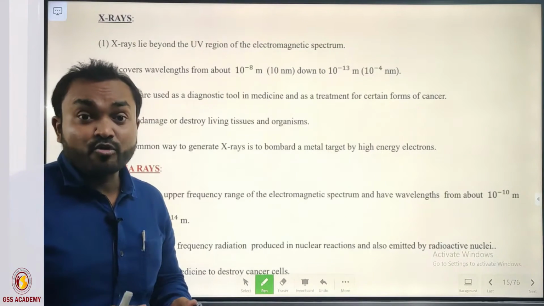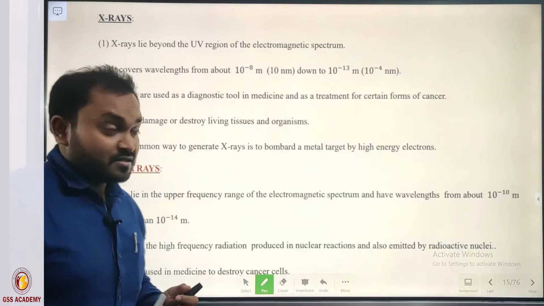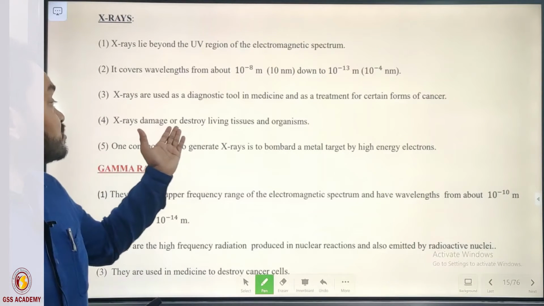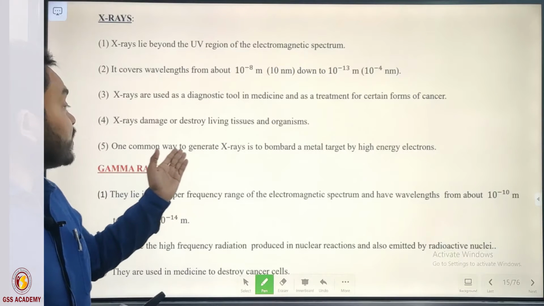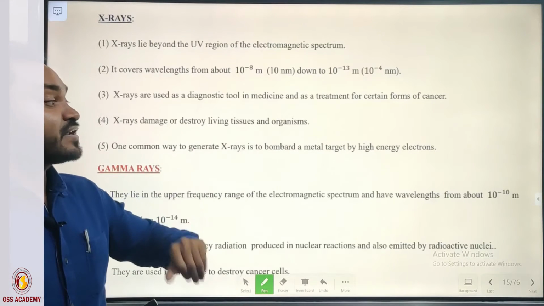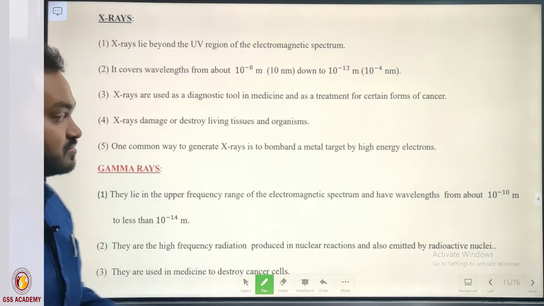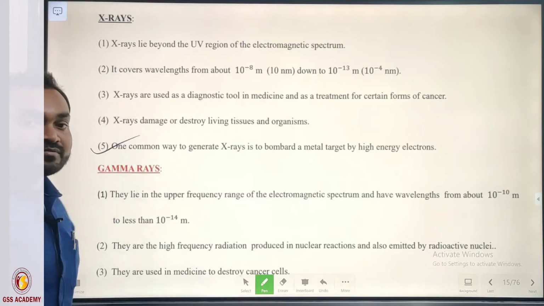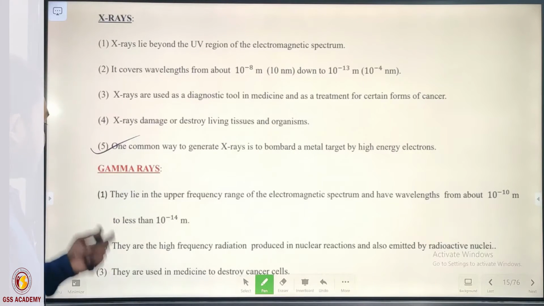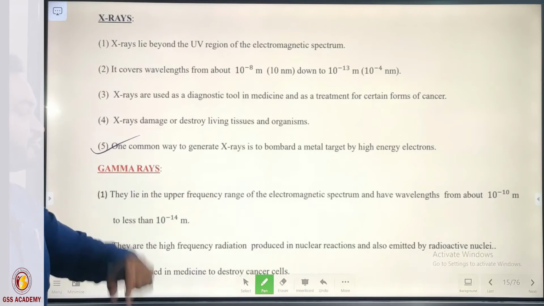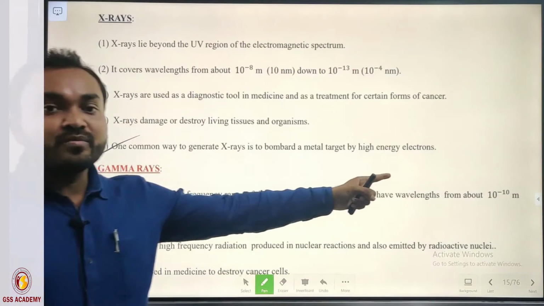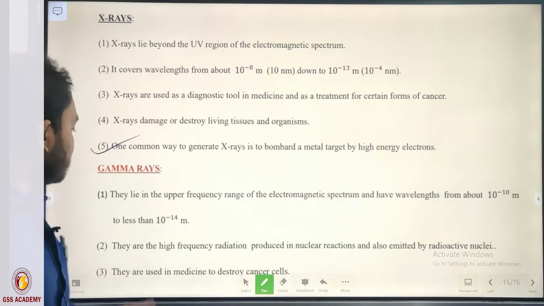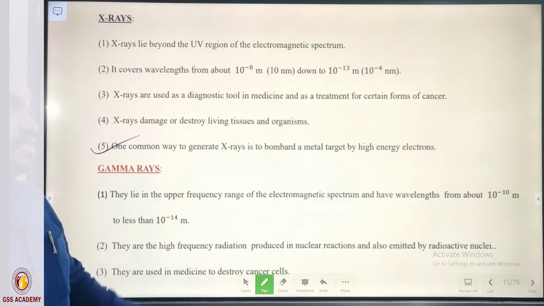Okay, electromagnetic spectrum uses. X-rays damage or destroy living tissues and organisms. One common way to generate X-rays is to bombard a metal target with high energy electrons. That is basically the way you can generate this X-ray. Gamma rays lie in the upper frequency range of the electromagnetic spectrum and have wavelengths from about 10 to the minus 10 meter to less than 10 to the minus 14 meter.